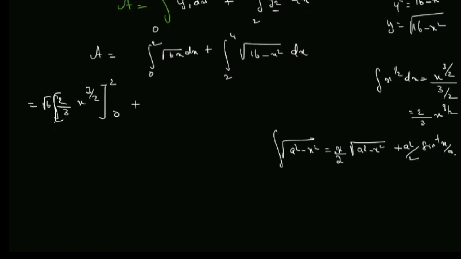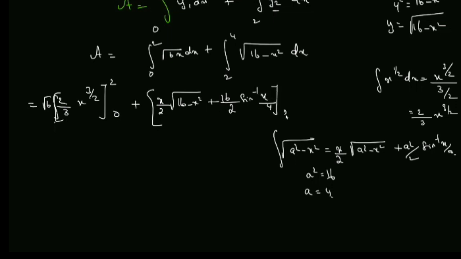This you learned last year. Here a square is 16 and a is 4. So I am going to use this formula: x by 2 root of 16 minus x square plus 16 by 2 sine inverse x by 4, limit from 2 to 4.